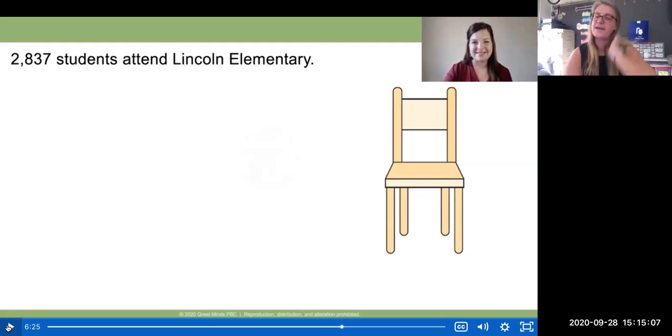So you need to estimate how many chairs do you think that they are going to need at Lincoln Elementary? Think about what are you going to round to? What place do you think is the best place to round to get you an accurate estimate of how many chairs are needed at Lincoln Elementary?